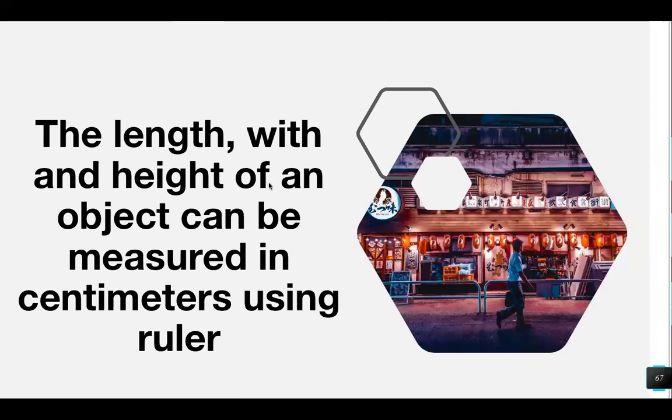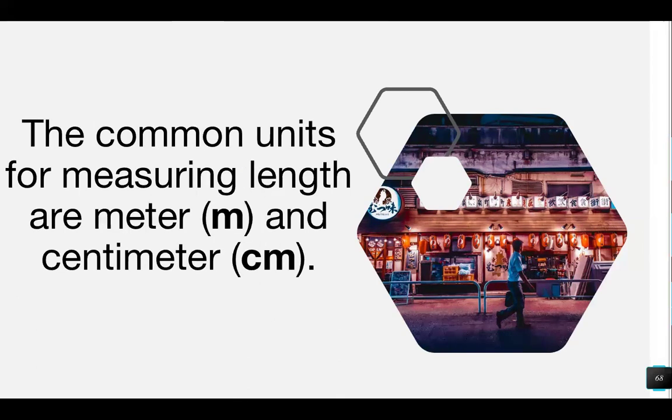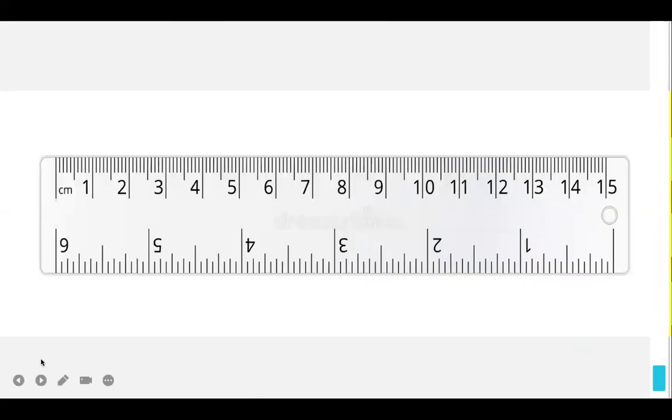The length, width, and height of an object can be measured in centimeter using the ruler. Okay. The common units for measuring length are meter and centimeter. But now, we will use the centimeter. Okay. This is the ruler. Okay, I know that all of you already see the ruler.